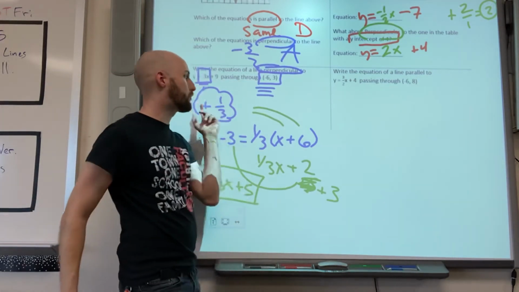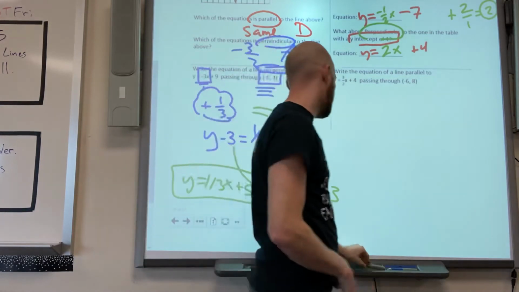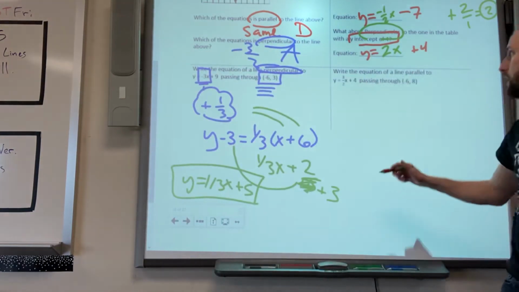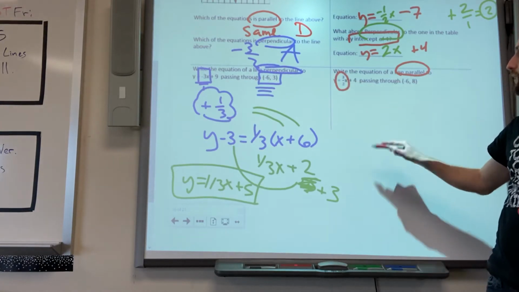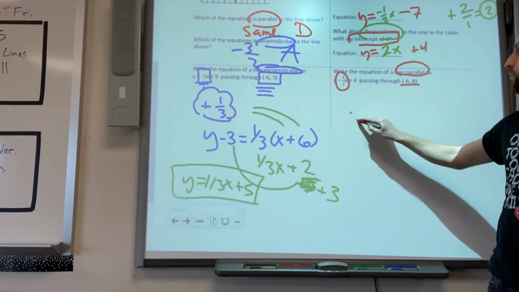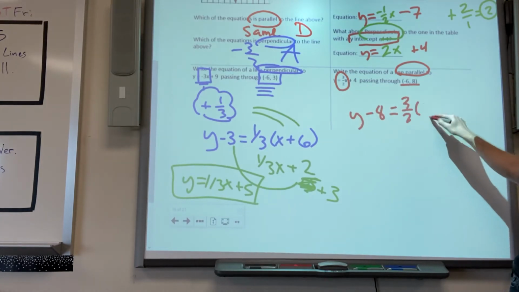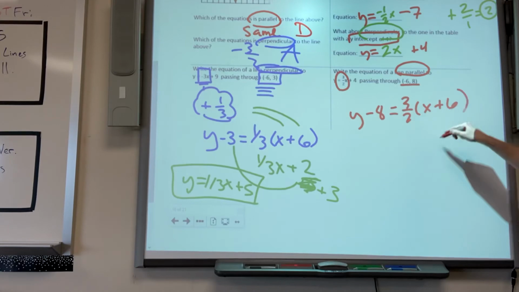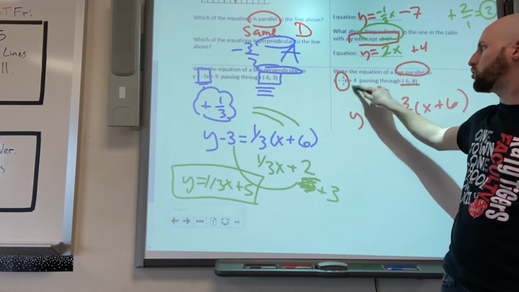Por eso sigue muy importante saber qué hacer con punto y slope. Okay, that's why it's very important to know how to do the point and the slope. Here it says paralelo, so it means the same slope, el mismo slope, and this point. So y opposite equals slope x opposite. Y van a ver que no tiene nada que ver ese número atrás. Ese +4 no necesitaba.